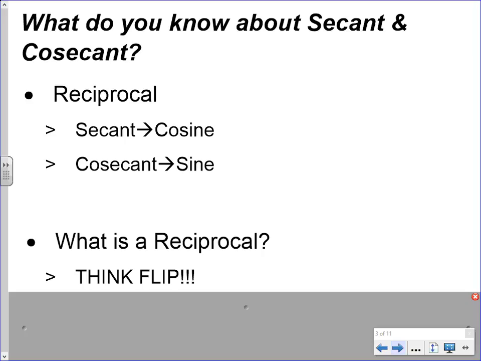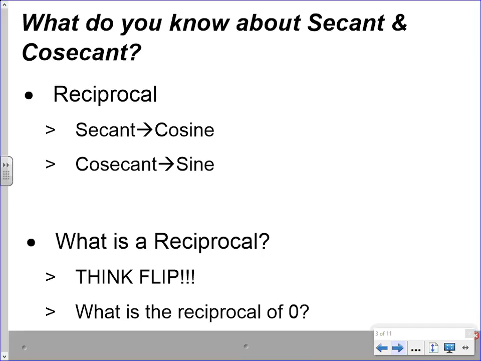Now, where it becomes interesting is when we have to take the reciprocal of 0. What happens when we take the reciprocal of 0? Undefined. And on a graph, how do we represent undefined values? Darby said hole. Jackson said asymptote.